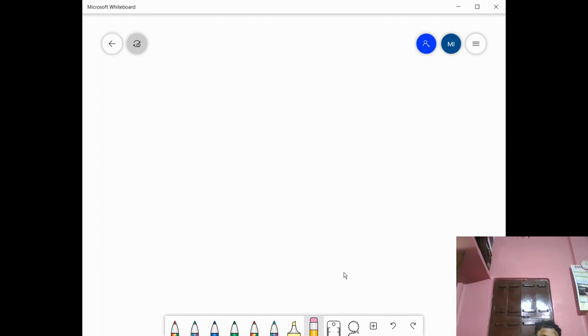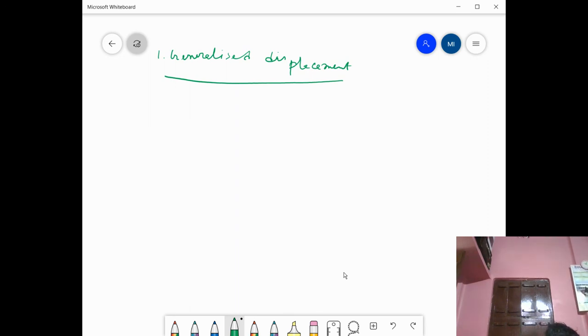Number one is generalized displacement. Suppose we have generalized coordinates qi, right?